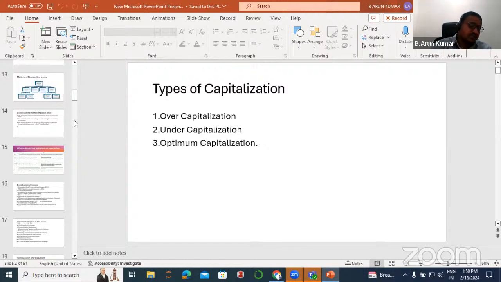Just see some important questions regarding this introduction to business finance. First, everyone must know each unit's definition.